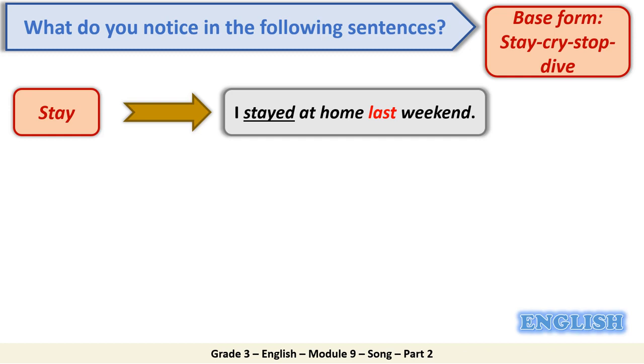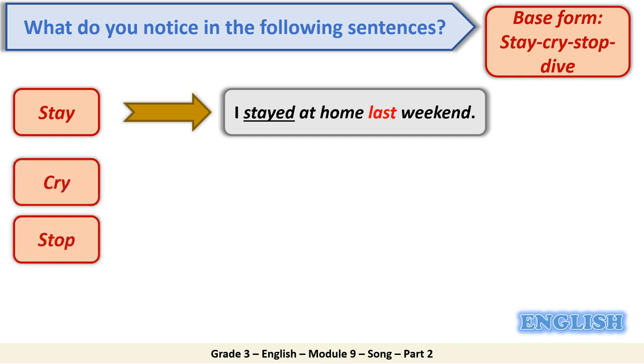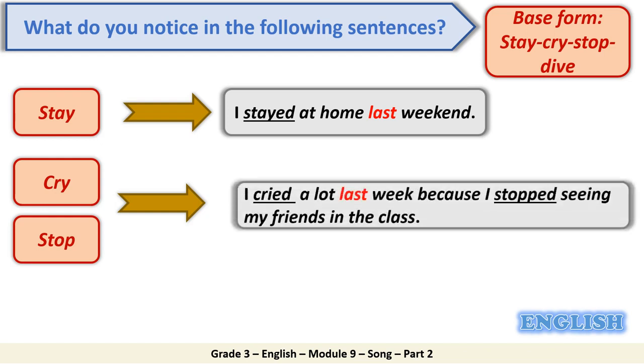Now, let's look at another example. In this example, we will be using the verbs cry and stop. Let's read the sentence in the past together. I cried a lot last week because I stopped seeing my friends in the class.